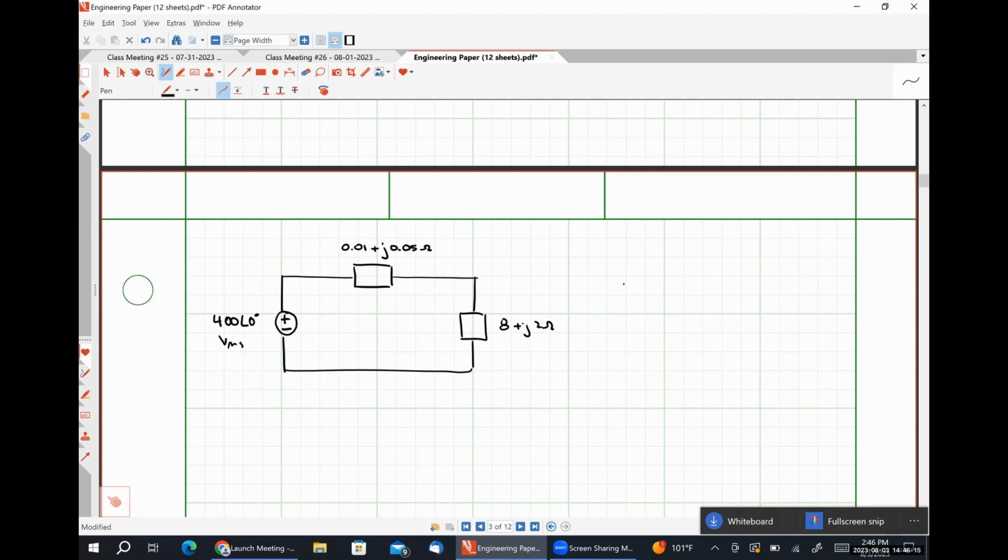And we want to correct our power factor to, let's say in part A, a PF new of 0.98 lagging, and B, a PF new of 0.98 leading.